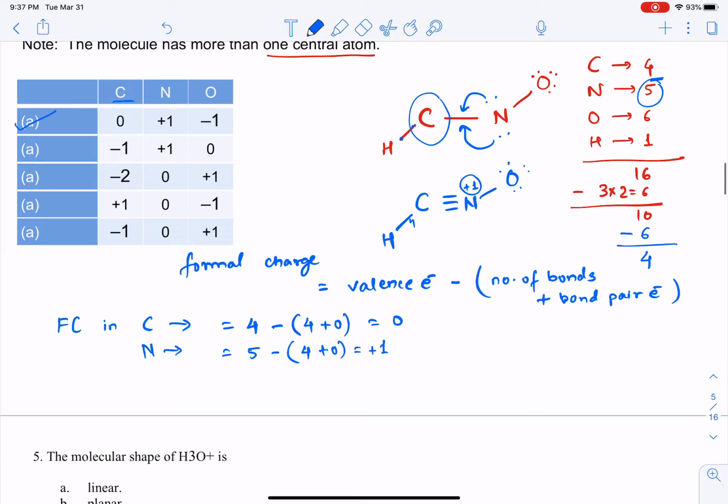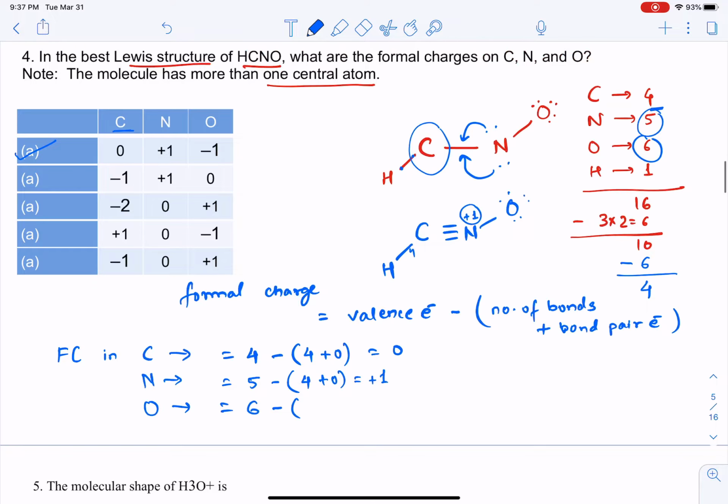Talking about oxygen, it has 6 electrons. 6 minus how many bonds it has? 1. And how many bond pair electrons it has is 6. So it has a negative 1 charge. So we can write -1 over here. The overall charge on this molecule is still 0. So if you add up, it's 0 plus 1 minus 1, it's 0.